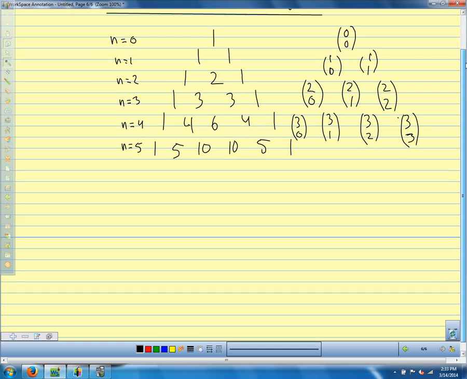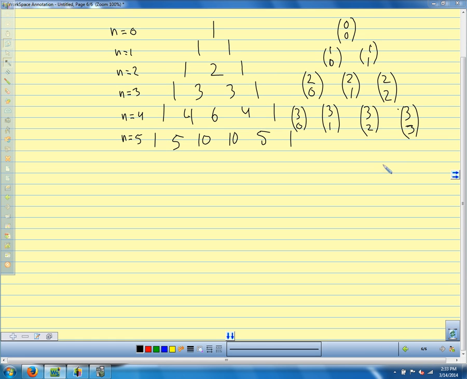A couple of other really cool things about Pascal's triangle. Just to backtrack a little bit, what we can use Pascal's triangle for is to find those binomial coefficients. This row tells us the binomial coefficients when n equals 0, 1, 2, 3.